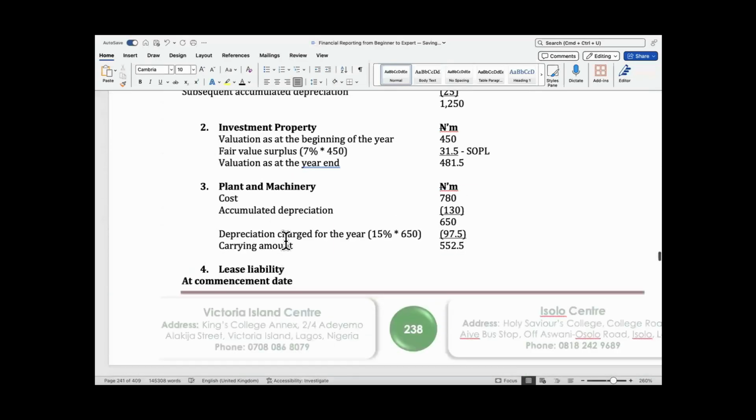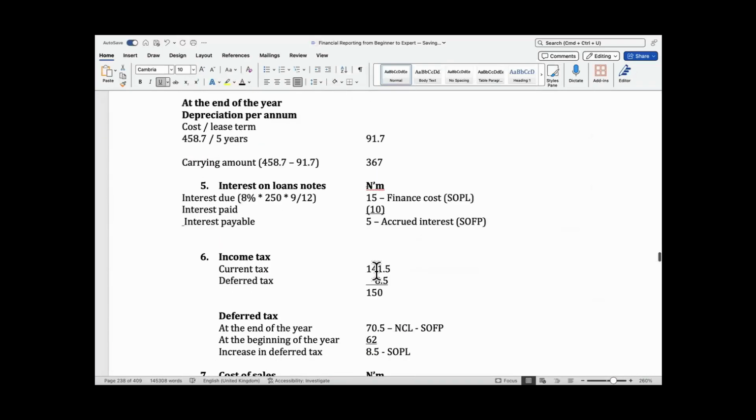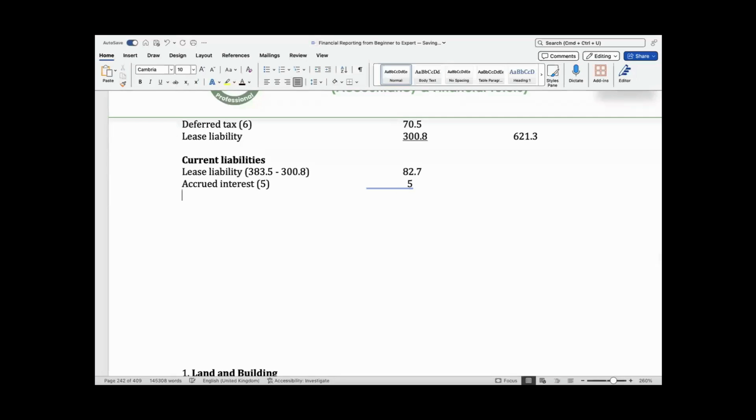I know I'm going to have trade payables. Yes, there's trade payables, there's bank overdrafts, 167, 27, like that. So let's take them there. So we have trade payable, which is 167. There is bank overdraft of 27.